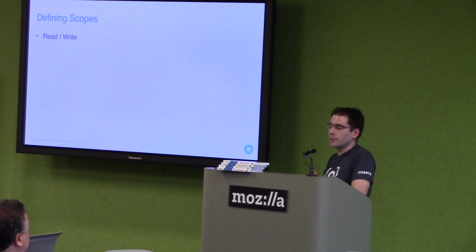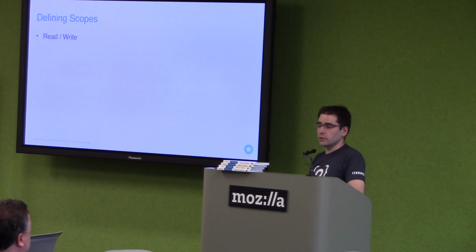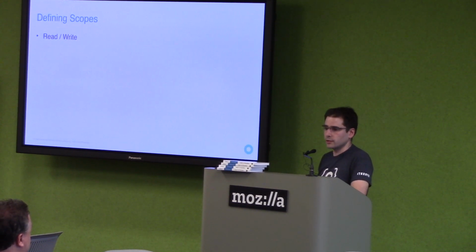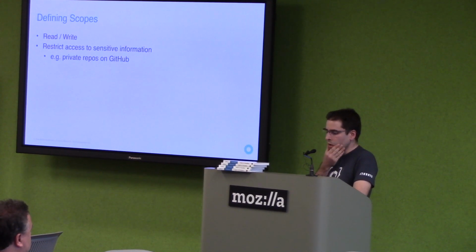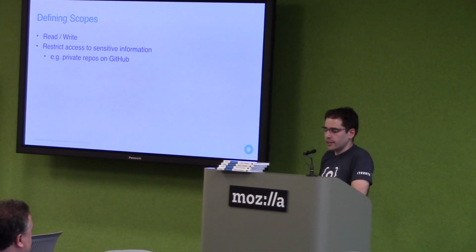That way applications can request only read access, and when users are logging into those apps, they don't have to worry that an app is going to be able to update information. Another good way to do it is to restrict access to sensitive information, whatever that means to you. For example, on GitHub, that might be private repos.